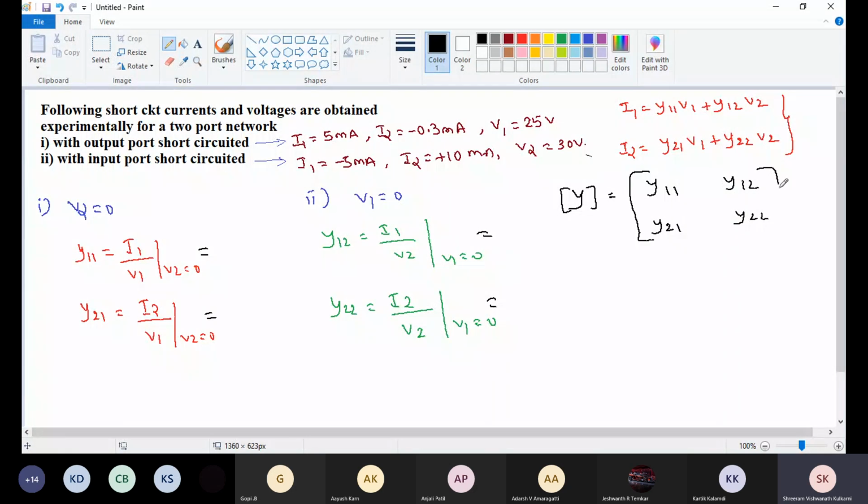Sir, Y11 is 0.2 millimho. Yes, Y11 is 0.2 millimho. Next, Y21.